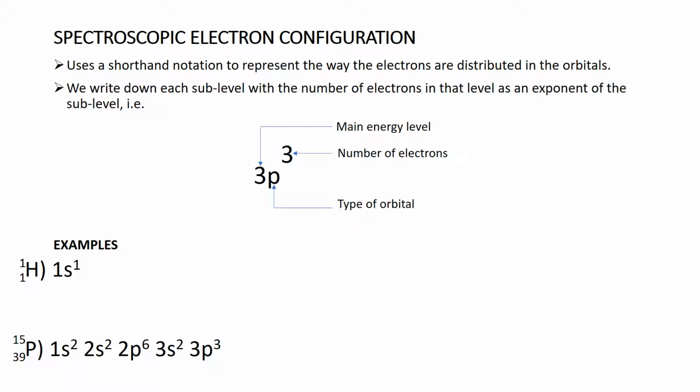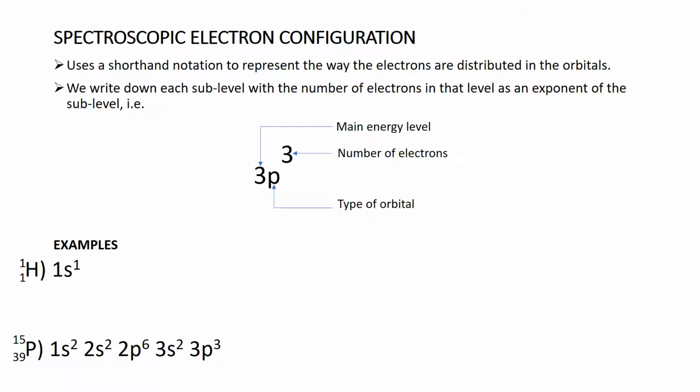For example, in 3p³, the 3 represents the main energy level, the p represents the type of orbital, and the 3 in the exponent represents the number of electrons. For a hydrogen atom, we have only one electron and it is in the first energy level.